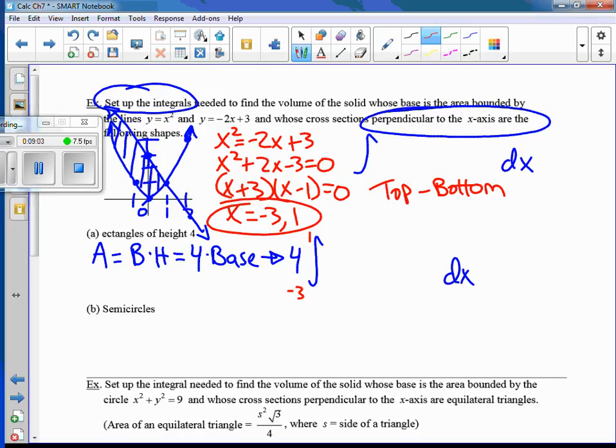The top function is negative 2x plus 3. So negative 2x plus 3 minus, and what's the bottom function? The bottom function is x squared. And so there's the base, b. 4 is the height. There it is. There's your limits, the lower and the upper bound. And there you go. This will give you the volume with rectangles.